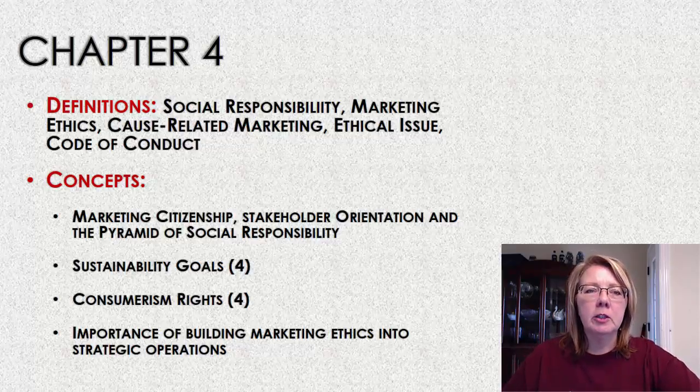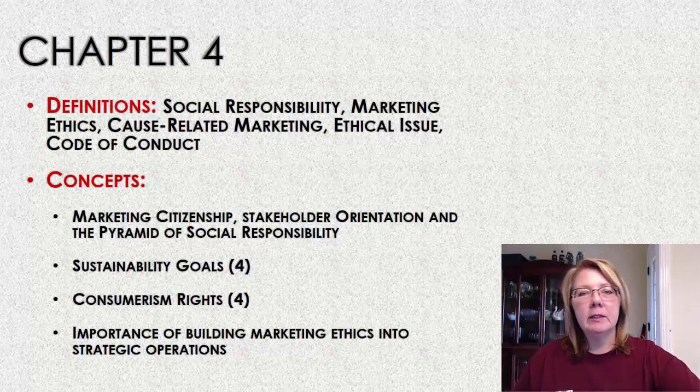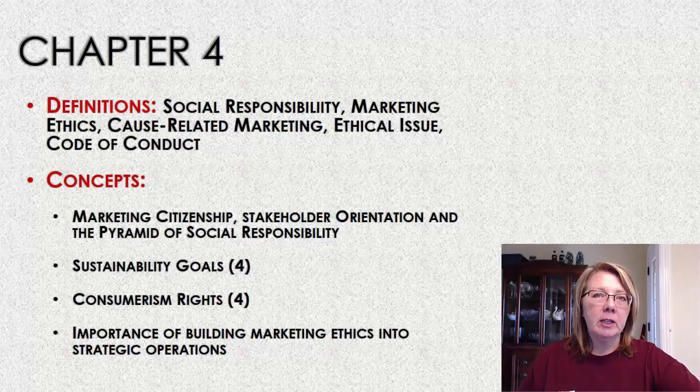So in a nutshell, here are the definitions and concepts I would like you to pull from this chapter. Know what social responsibility is, know what marketing ethics is, know what cause-related marketing is, know what a code of conduct and a code of ethics are. Then have some ability to discuss marketing citizenship. What is a stakeholder orientation, and how does all of that relate to the pyramid of social responsibility?